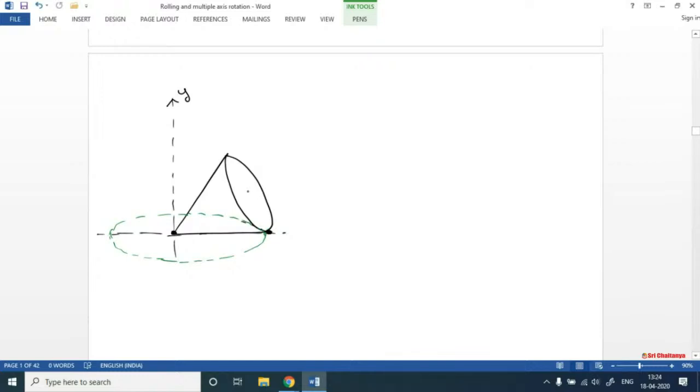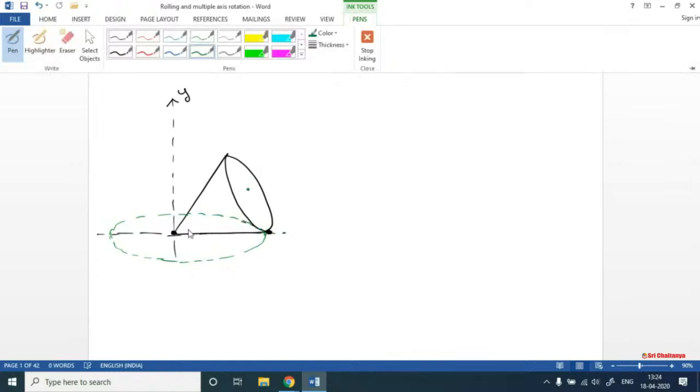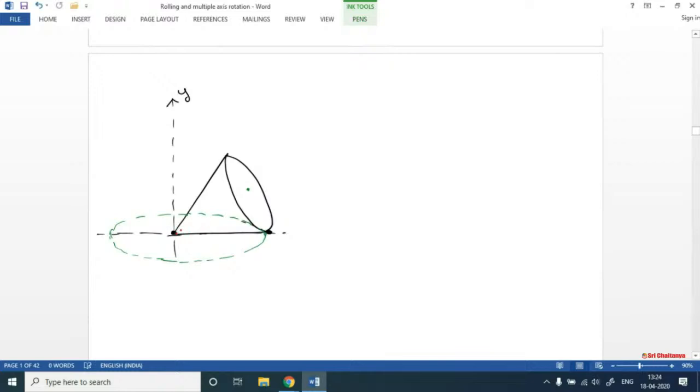So about this axis, it is rotating with angular velocity omega, and at the same time it would be rotating about the y-axis with some angular velocity omega dash as well.